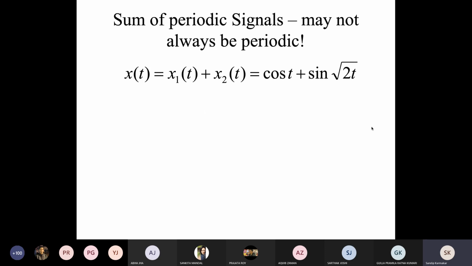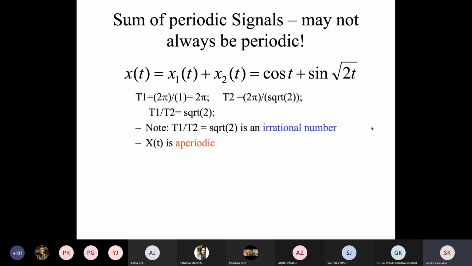This is one example. x(t) equal to x1(t) plus x2(t) equal to cos t plus sin root 2 t, where cos t is x1(t) and sin root 2 t is x2(t). Now note that cos t is periodic with period 2 pi and sin root 2 t is periodic with period root 2 pi.